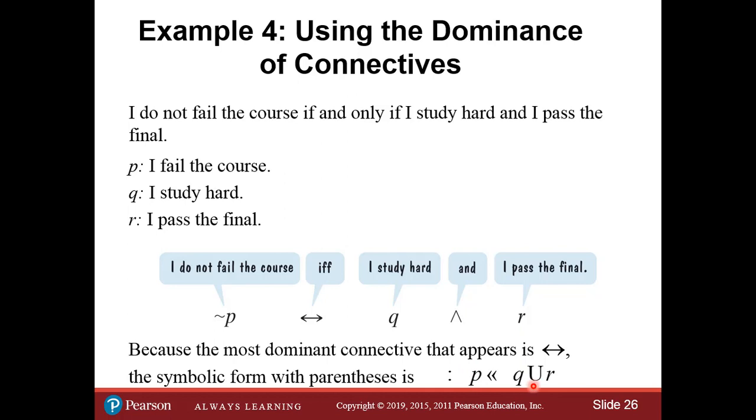I think this is a typo. I don't know what they're doing here with the symbols, but it would be not P if and only if Q and R. So Q and R would be in parentheses, and then the biconditional would be outside the parentheses, and this would be not P. So this is wrong. Don't pay any attention to that.